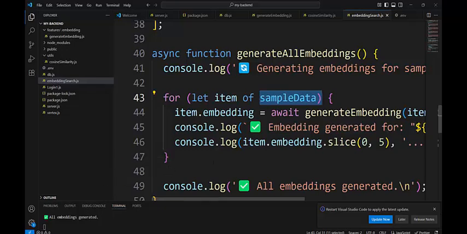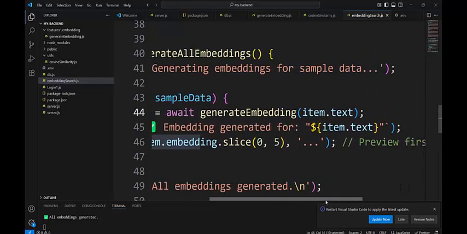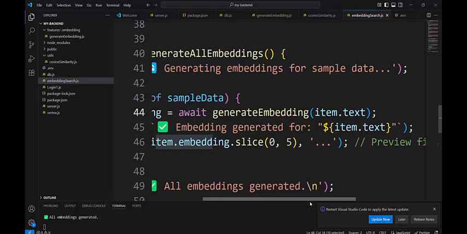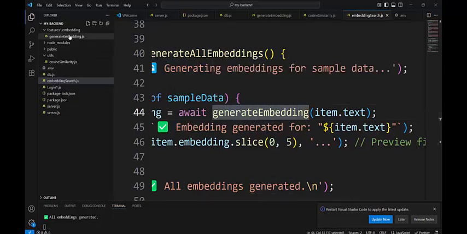You see, in that loop, for each item, embedding is await generate embedding. It is a function we can look at, which is called for every text of every item of our data, and every text is put into the model, sent to the model, to generate embeddings. Can we look at it in a moment?